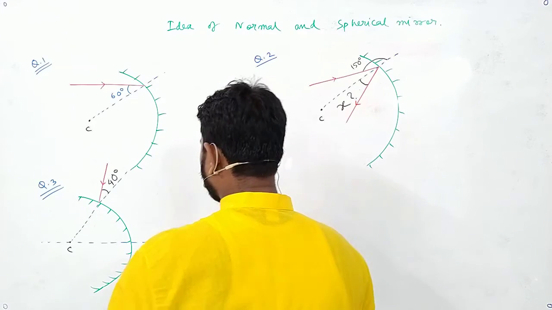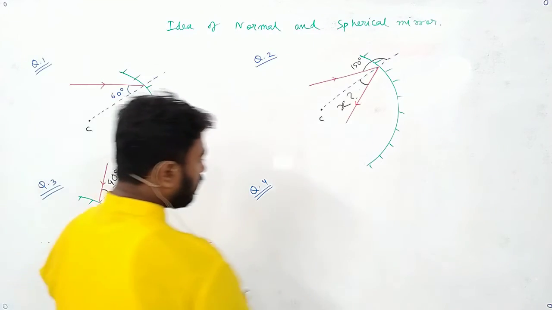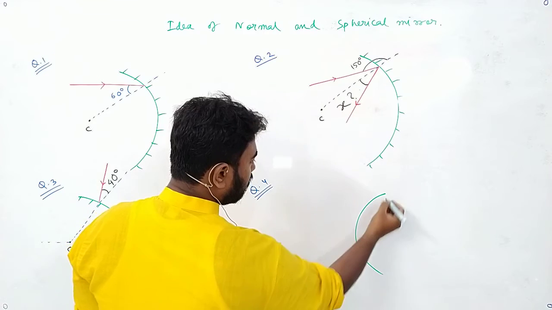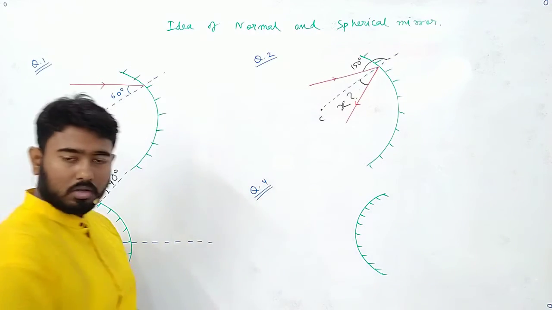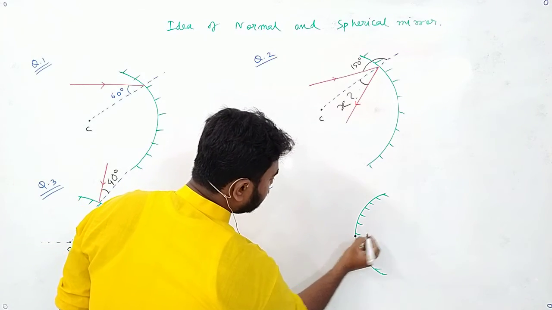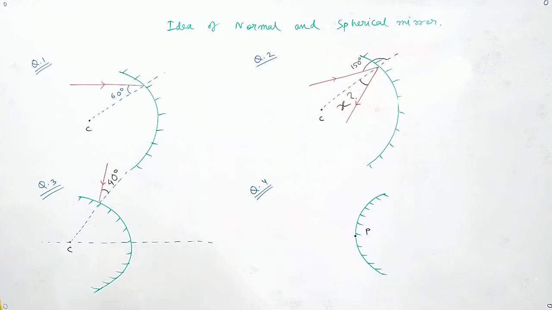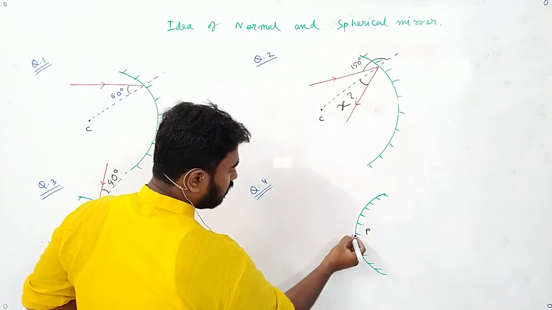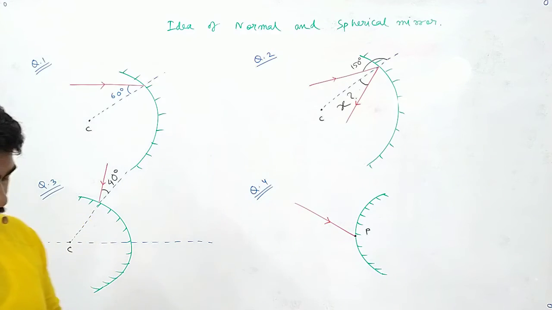Now let us go to question number 4. Question number 4 says that suppose this is a convex mirror. It has been said that this portion is pole. Now a ray of light has fallen on this portion.